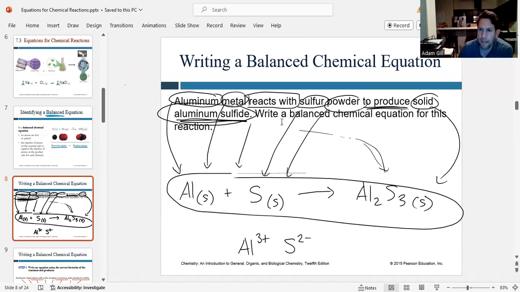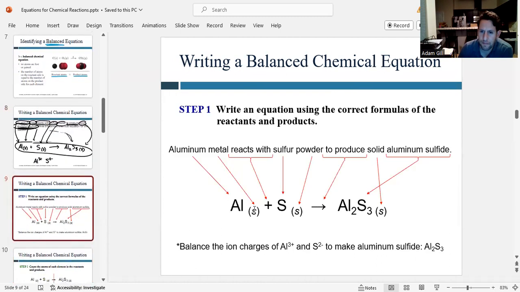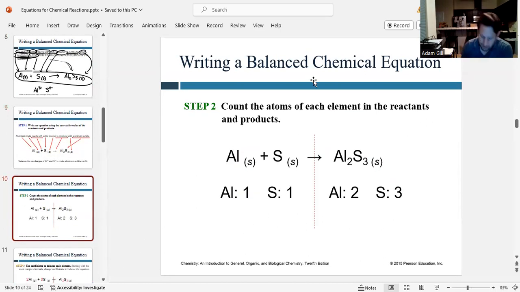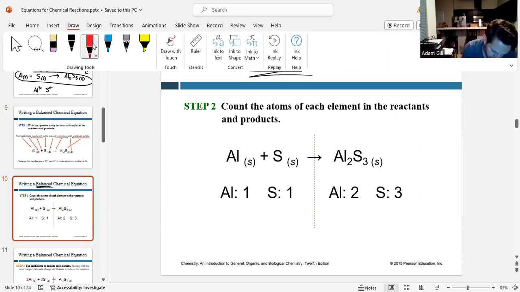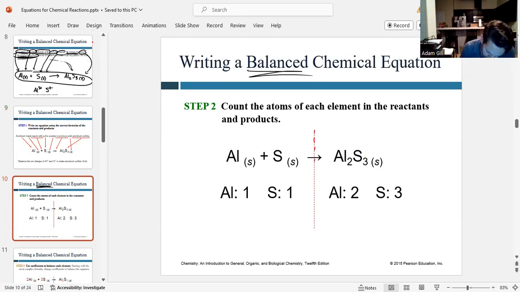But it's not balanced yet, right? The next thing we have to do is balance it. So to balance the chemical equation, what we usually do here is we draw a line between the reactant side and the product side.